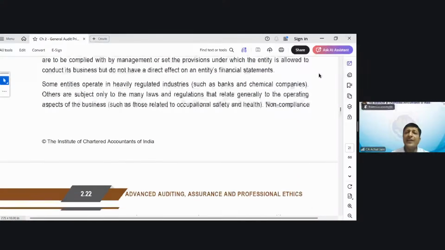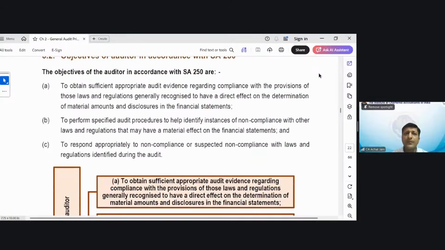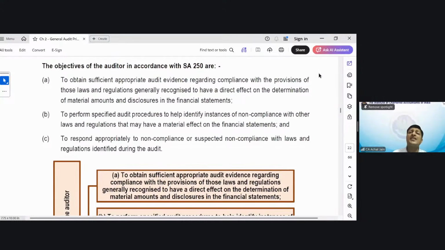Now, in relation to the compliance for the same, can we say it's required on the part of the auditor? Answer is yes. Why? Because what if there is a non-compliance, and that non-compliance has something which can impact the financial statements. So will that be a consideration on the part of the auditor?